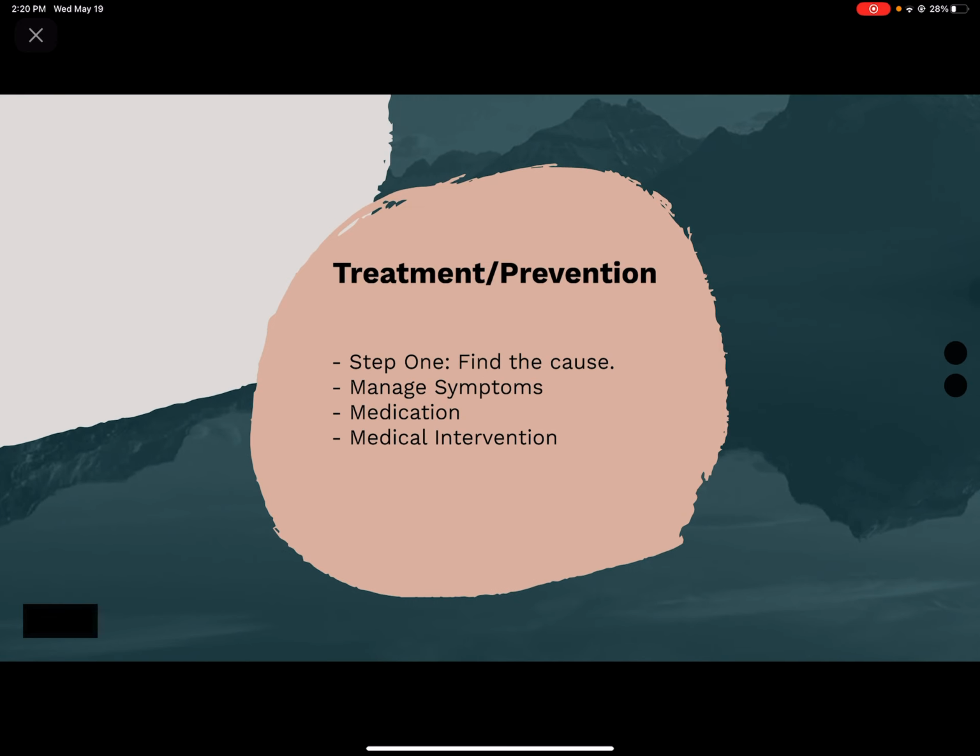And then, like I said before, the treatment really depends on the cause of the delirium, and then just managing those symptoms. An example of this could be medication management through a physician if the delirium is being caused by a medication, or even something as simple as drinking water because the individual has become dehydrated.